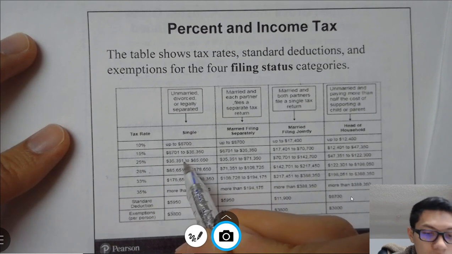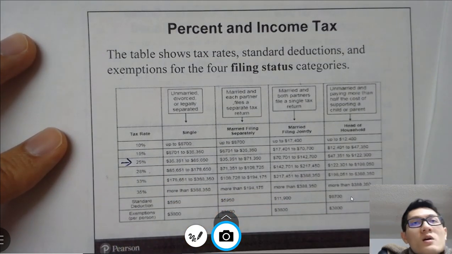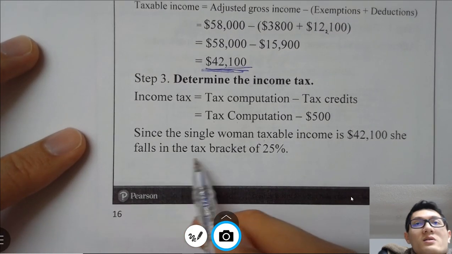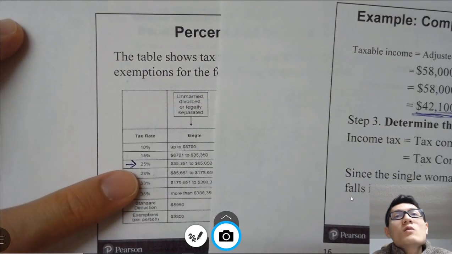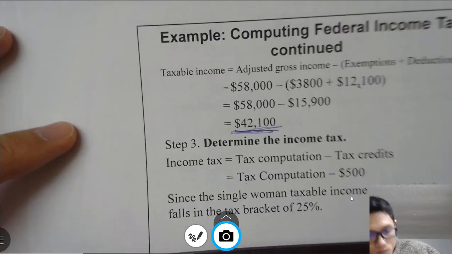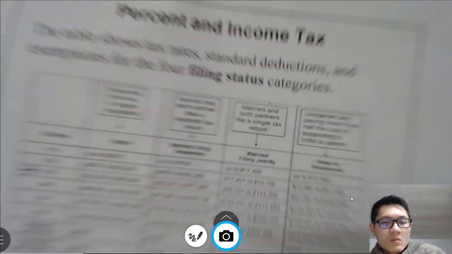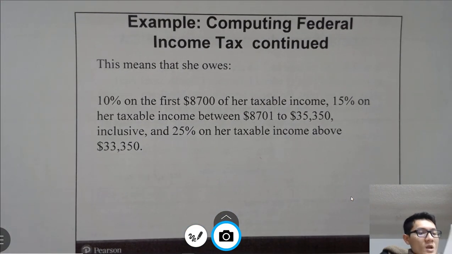So her tax rate is 25%. So she falls in the tax bracket of 25% from the table here. All right, let's move on to see what's the next step. Okay, so we still need the table to do this problem.